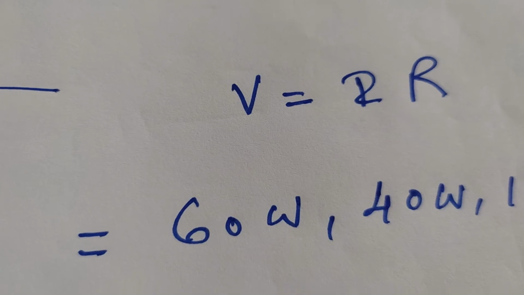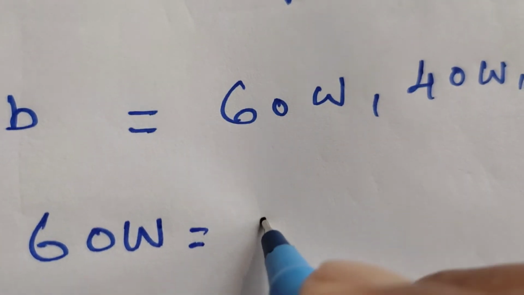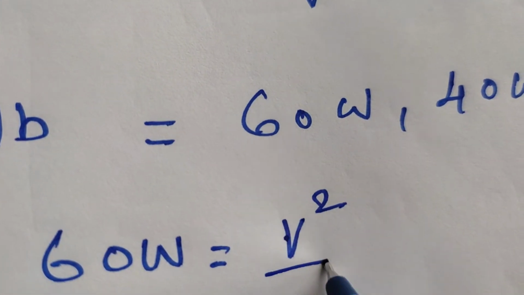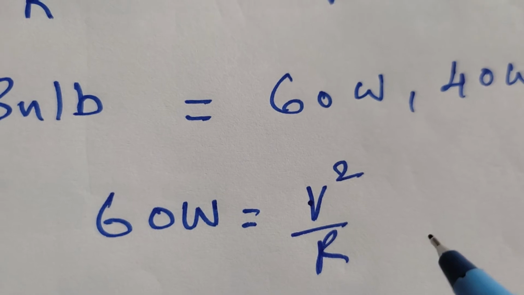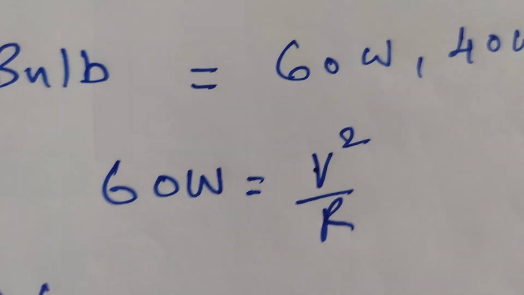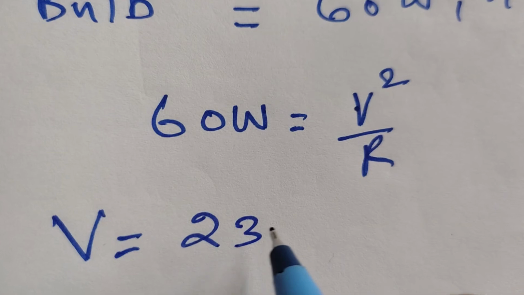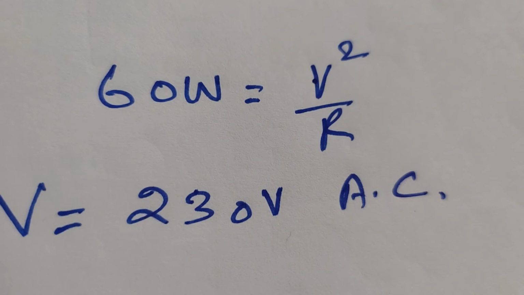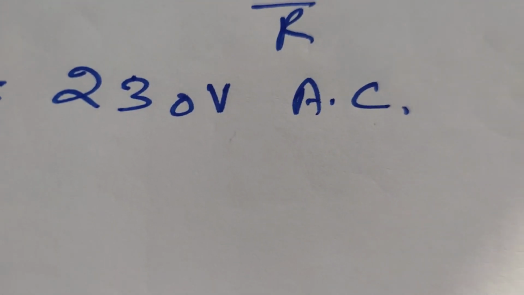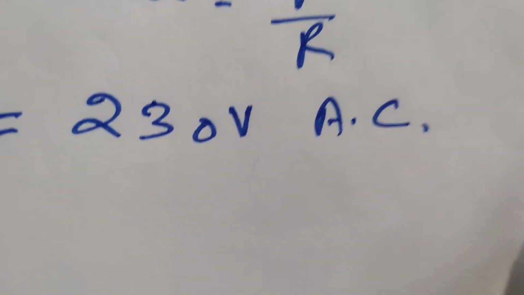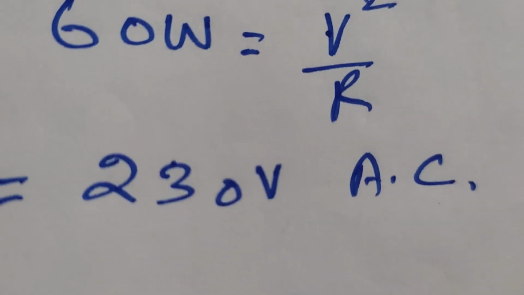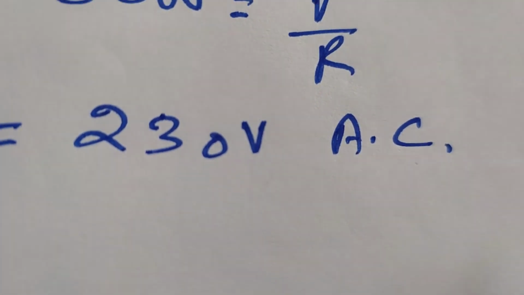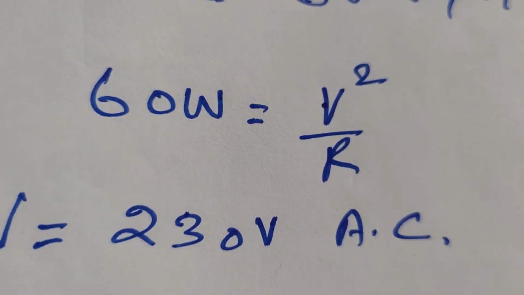And you can take 60 watt as equal to V squared by R. The voltage we normally take for AC circuits is 230 volt AC. The Indian system is 230 volt, it can be 220 also. Now we are taking 230 volt AC.